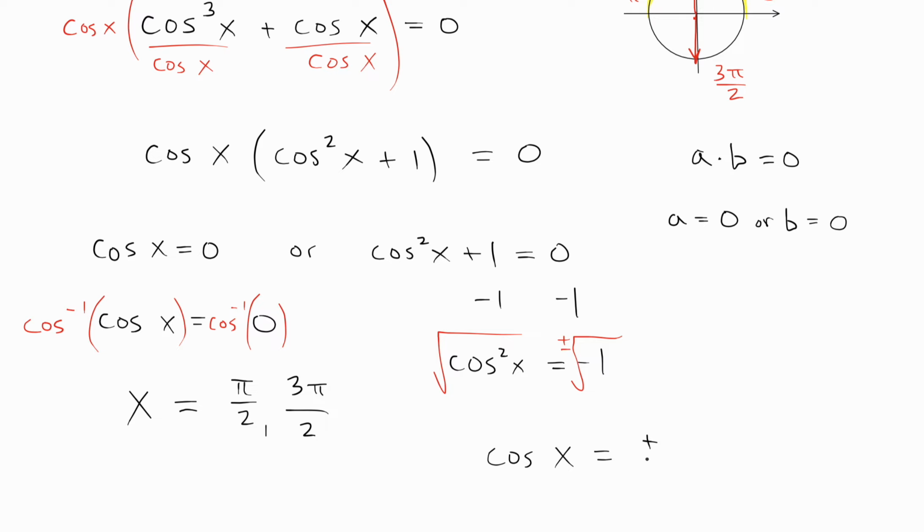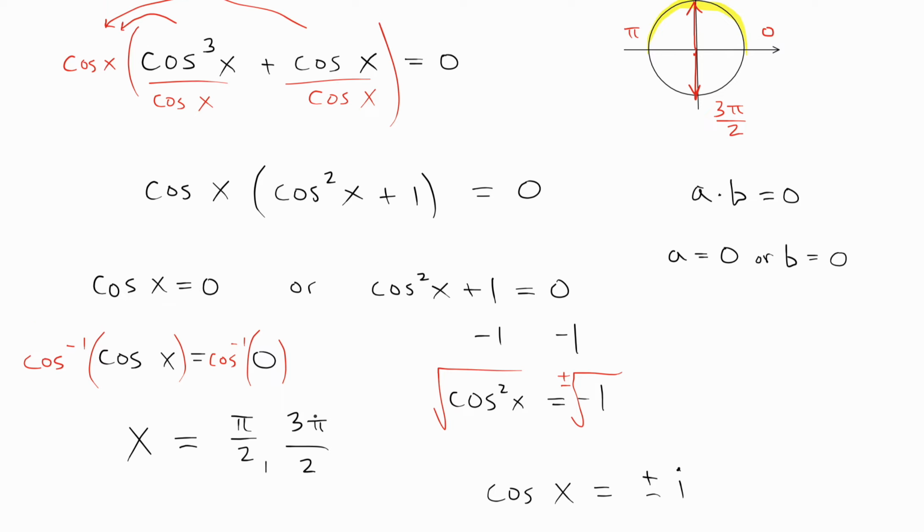So this is going to be plus or minus i. So it looks like pi over 2 and 3 pi over 2 are the only possibilities that we have here.